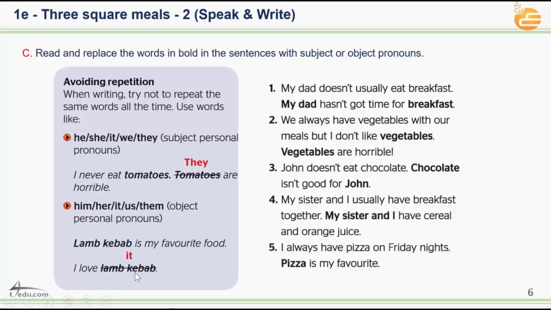So I have lamb kebab and lamb kebab. So I want to change the second one with one of these object personal pronouns because it's at the end of the sentence, not at the beginning, at the end. So I will say, I love it. Okay, can you see it? This is one of the object personal pronouns.